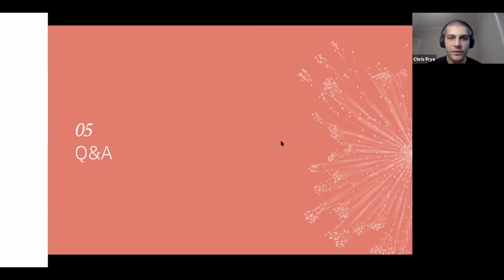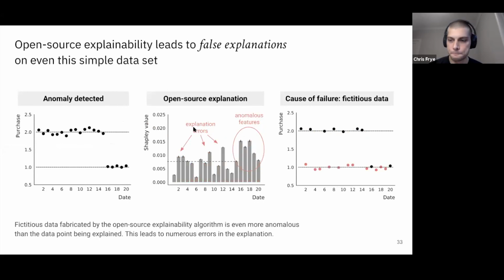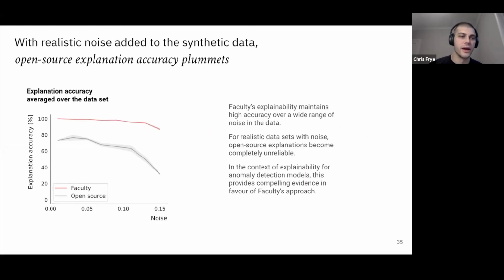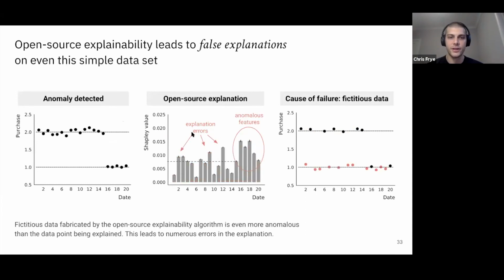Okay, there's a question about slide 35. What do I mean by accuracy of an explanation? So let's do that one. Accuracy of an explanation here is a reference back to these two explanations, the one on this slide, faculty's explanation, and the one on this slide, open source explanation.